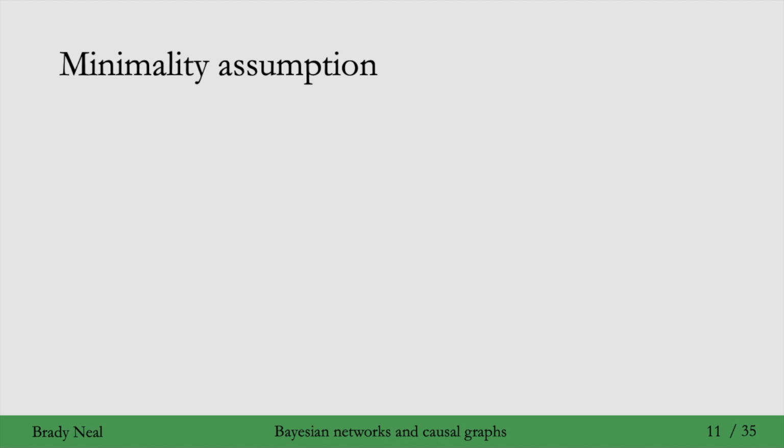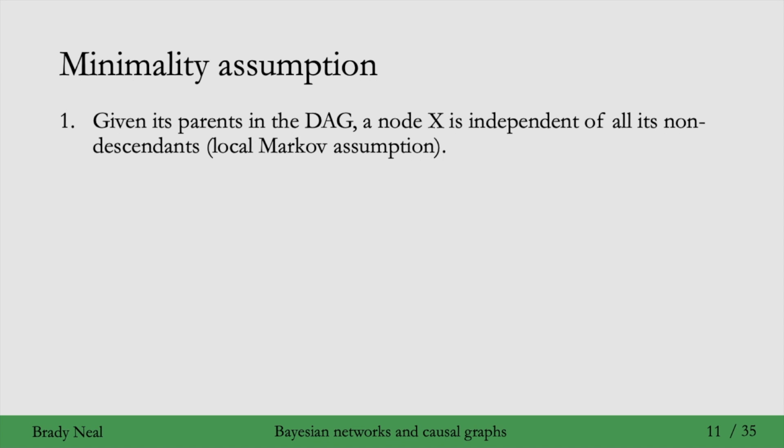Another important assumption that we will be using when we write graphs in this course is the minimality assumption. The minimality assumption has two parts. So the first part is just the local Markov assumption. To see why we're not satisfied with just the local Markov assumption, consider this graph, x to y.